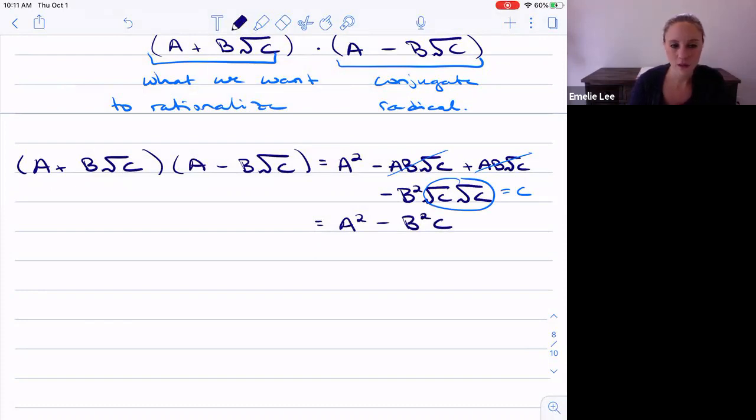Okay. It's kind of hard to see with these letters. A lot of the time the b is going to be 1, right? So then we get a squared minus 1 squared c. So then it's just a squared minus c. But sometimes there's going to be a coefficient or a multiplier in front of the root, and we can deal with that, right? You don't need to memorize this. I just want to show you what it looks like in general.